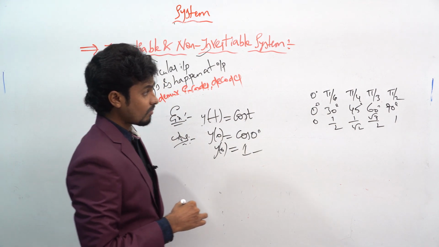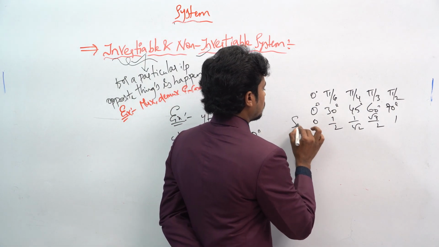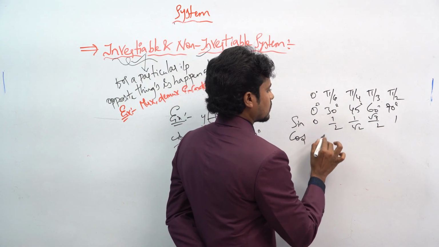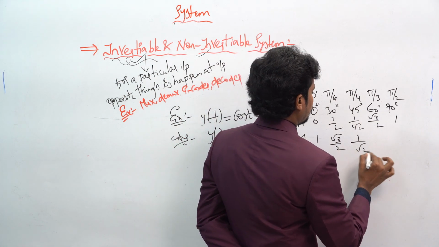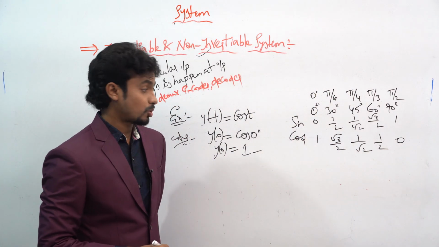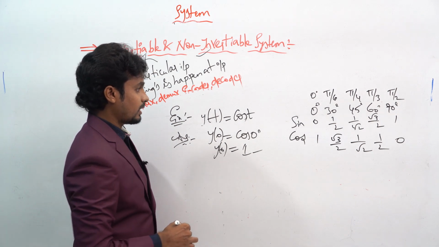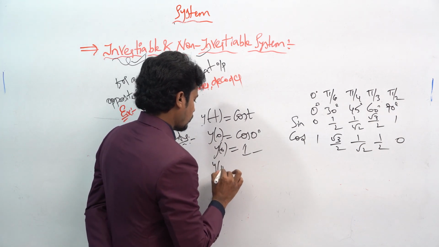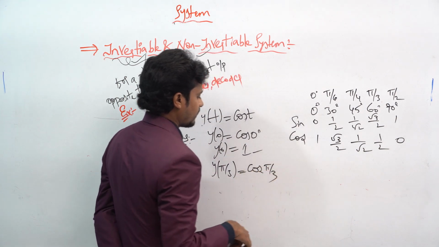Here, this was for sine, and for cos the values will be 1, root 3 by 2, 1 divided by root 2, 1 divided by 2, and here 0. For example, y of pi by 3 will be equal to cos of pi divided by 3.